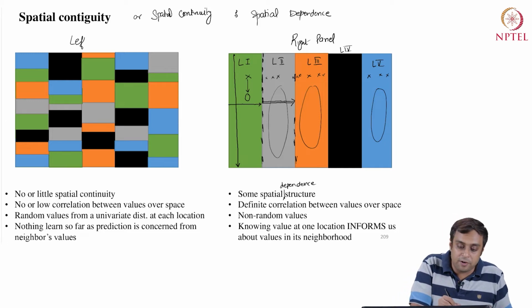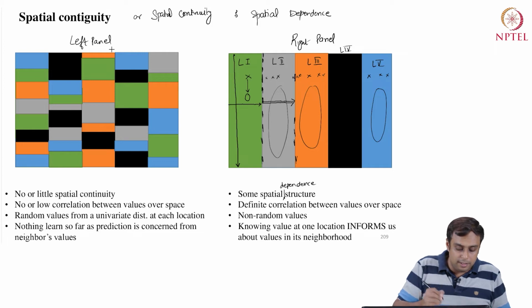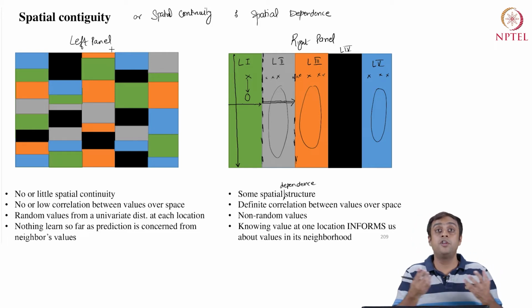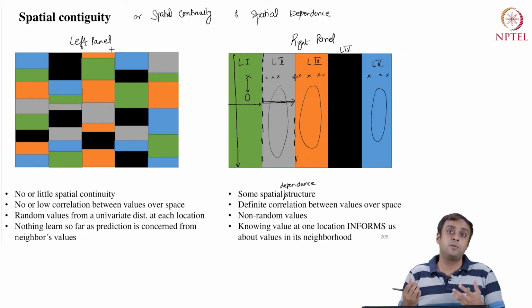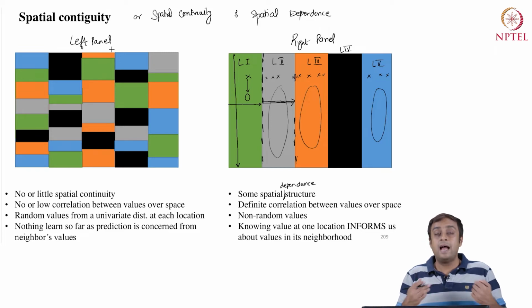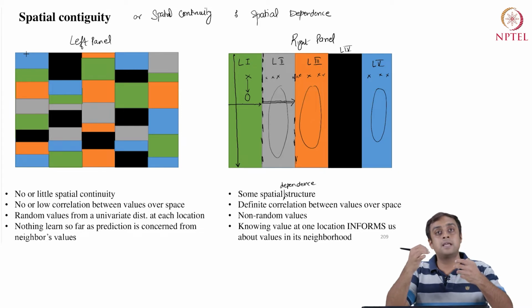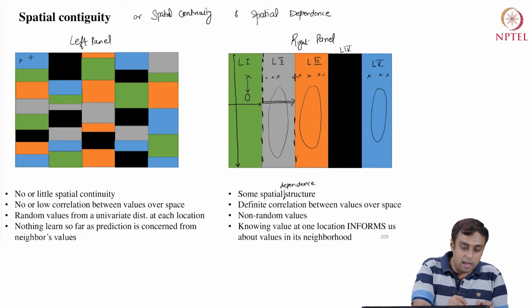If you look at the left panel, that's a case where the data, or the categories or levels, seem to be distributed more randomly in space. That is to say that if I were to take samples at some locations in space and use those to try and predict unknown values, it's not going to be so easy.